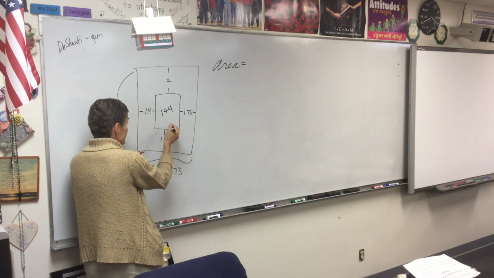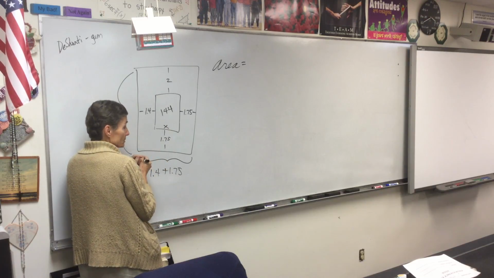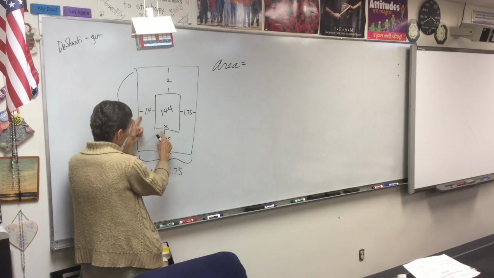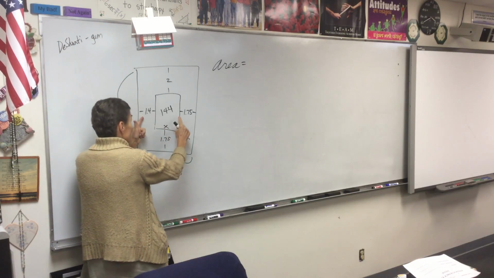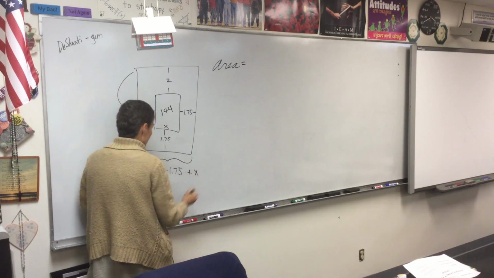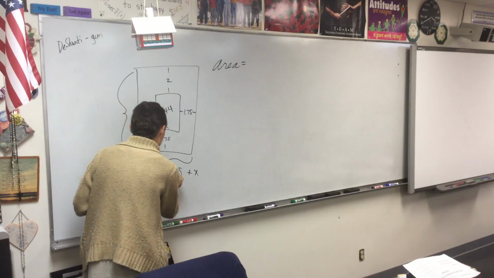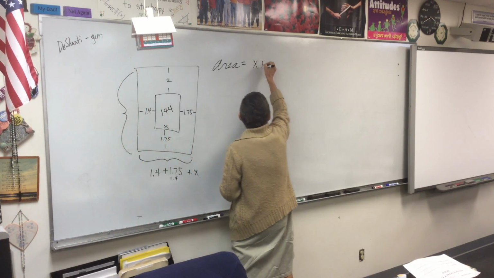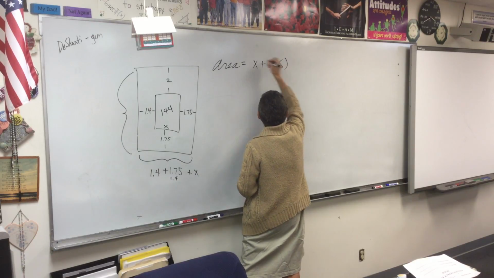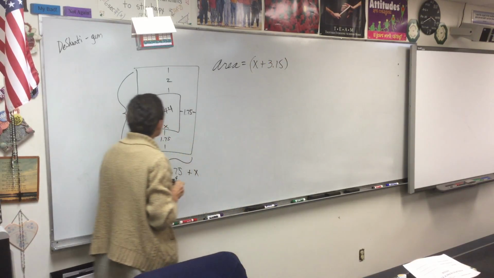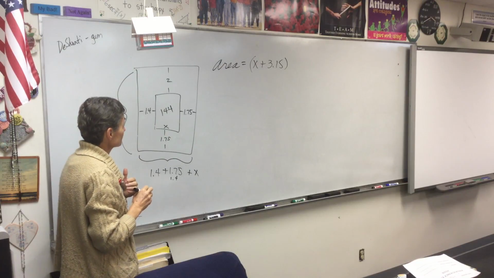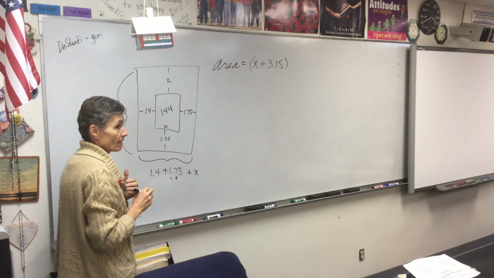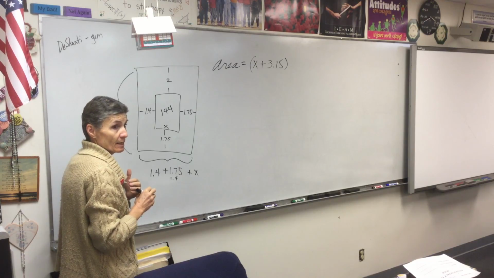And I don't know what that is, so I'm going to call it X. So this dimension is 1.4 plus X plus 1.75, which, what do I get when I add those together? 3.15? So that's X plus 3.15. Everybody still okay with that?